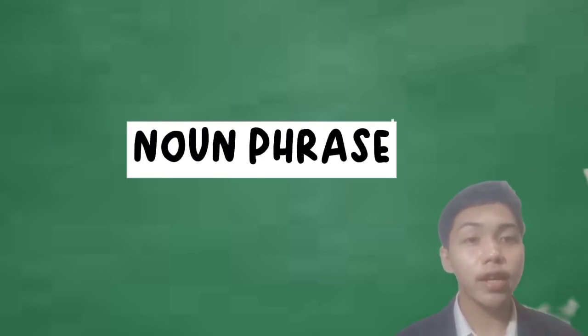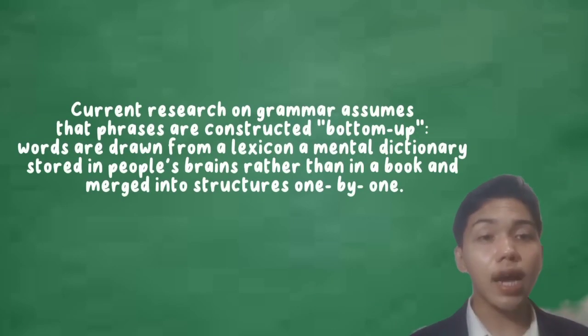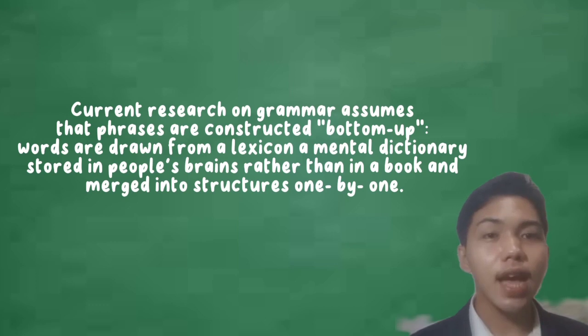They are noun phrases that consist of their heads only. The sentence is composed of phrases and the phrases are composed of words, even though some phrases are composed of only one word. Current research on grammar assumes that phrases are constructed bottom up.